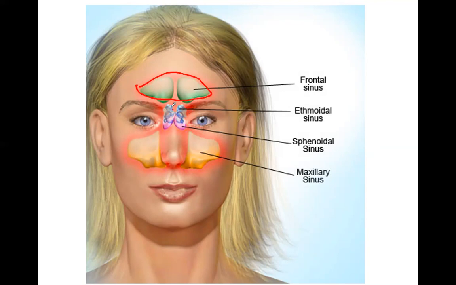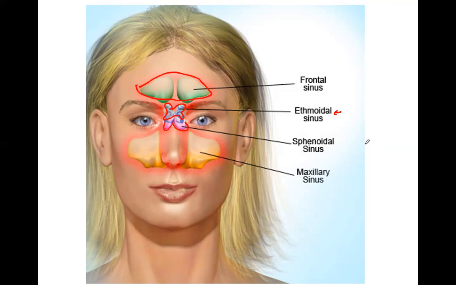Right below that, you have these structures right here, which are associated with your ethmoid bone, which literally sits right there. And therefore, these are referred to as the ethmoidal sinus. There is another bone that sits right below that. It's a butterfly-shaped bone called the sphenoid bone. It's a relatively large bone.